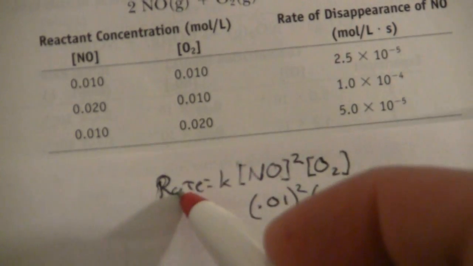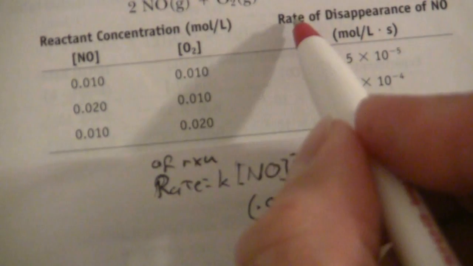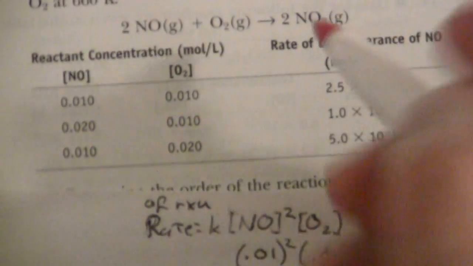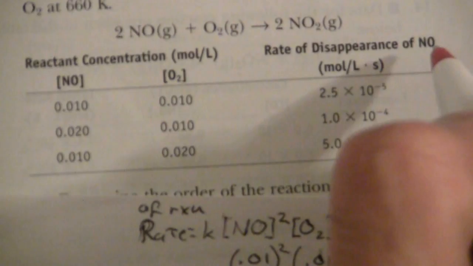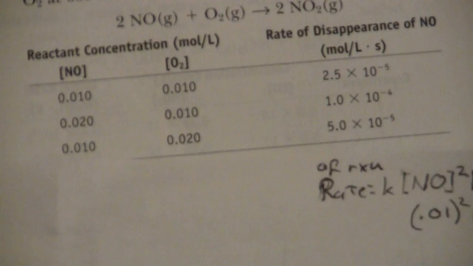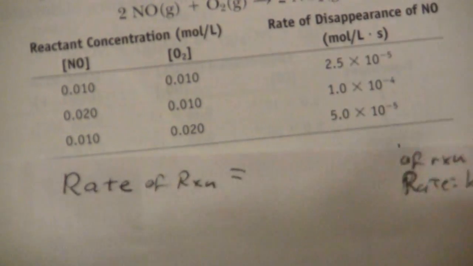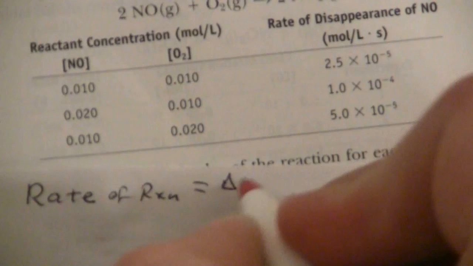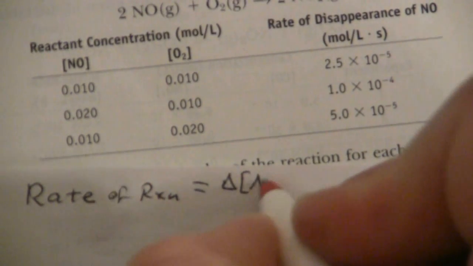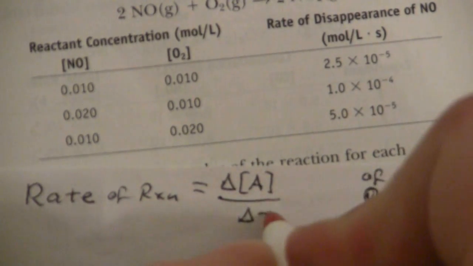Because this is the rate of the reaction, whereas this is not the rate of reaction, but the rate of disappearance of NO. Now, the difference is that you will recall in our discussion, the rate of reaction is equal to the change in concentration of whatever reactant I have per unit time.